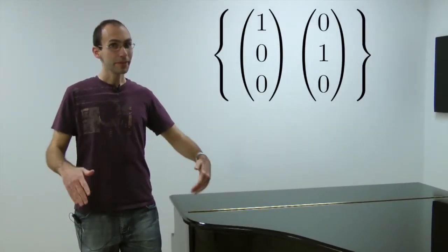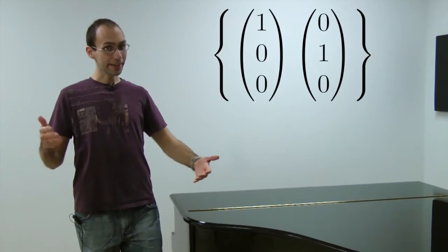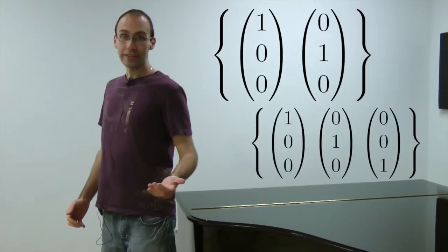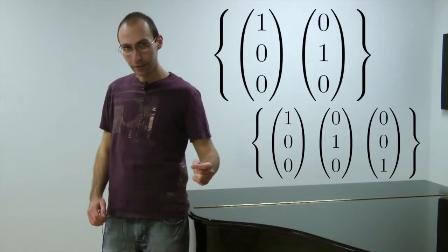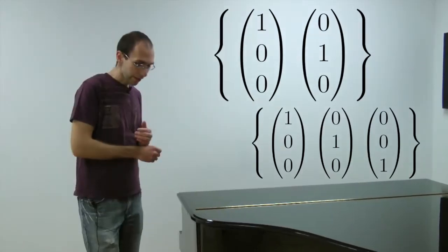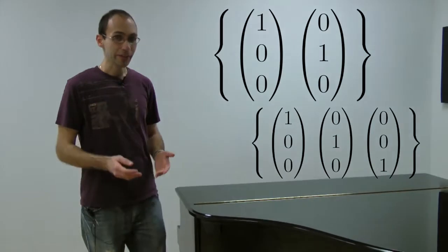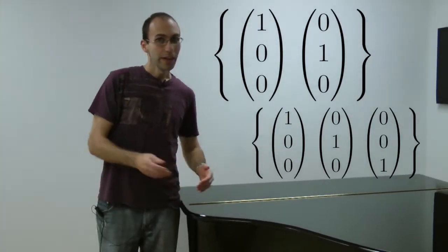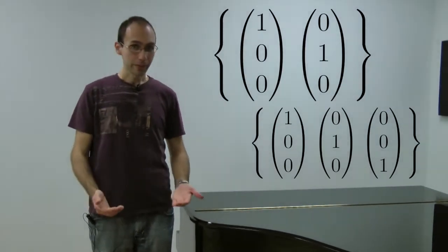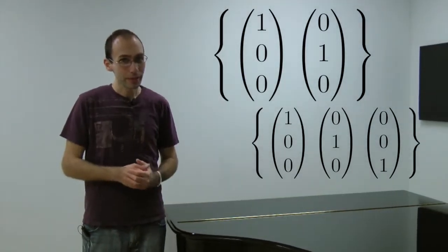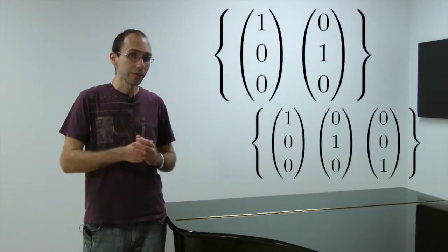The lemma is any linearly independent set of vectors in S can be extended to a basis by adding things to it. Moreover, the extension is finite. I can add a finite number of things and get a basis. And similarly, if I have any set of vectors that spans S, I can reduce it in a finite number of steps to a basis. This basically proves any subspace of R to the n has a basis.